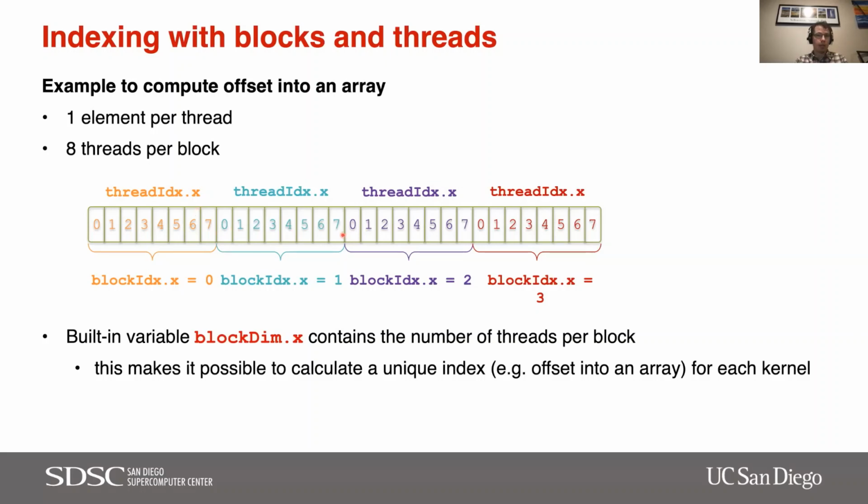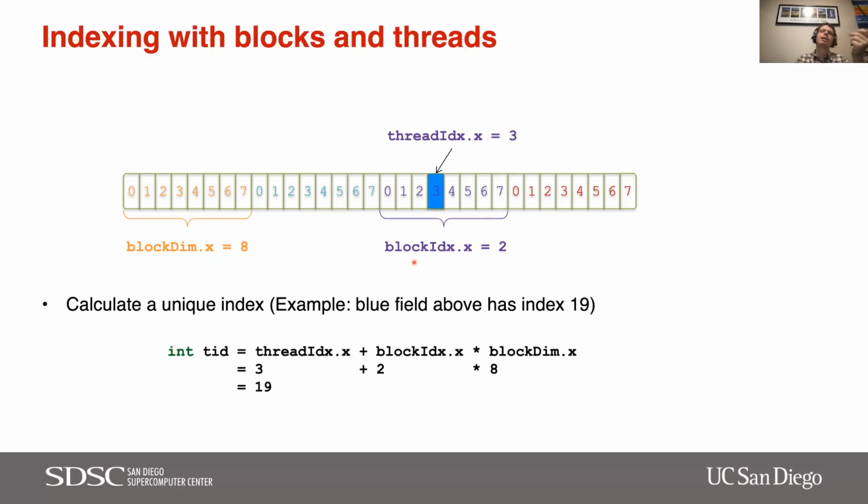The threads in the second block should operate on the second 8 data elements, and so on, right? There's a built-in variable blockDim that contains the number of threads per block. So that's the block dimension, right? So I know the number of blocks, I know my block ID, I know the block dimension, I know my thread ID, and with that, I can calculate a unique index, right?